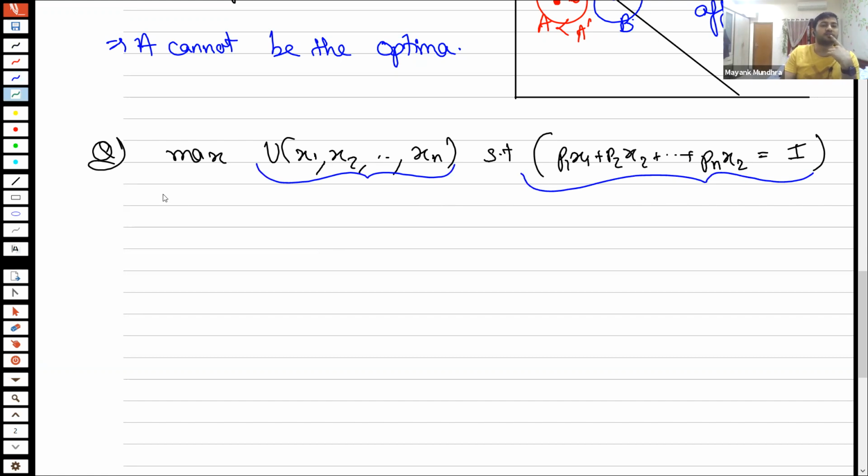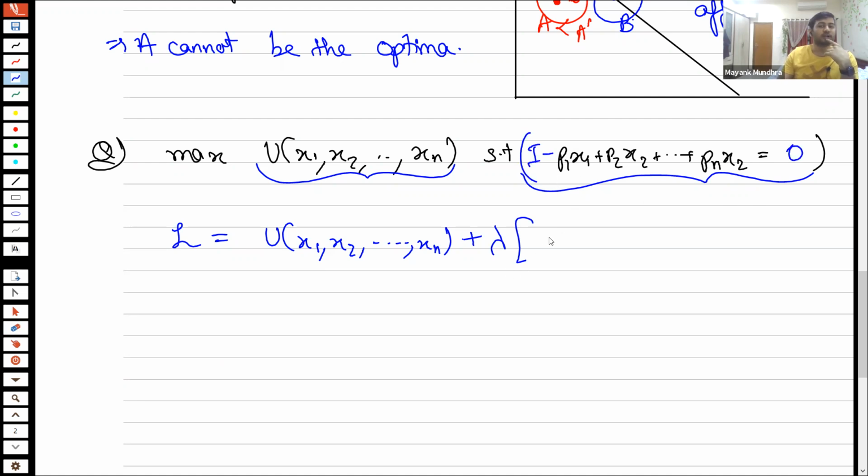So in the Lagrangian method, we write a new equation. We say L is equal to u, whatever we are optimizing, plus lambda times. This constraint can very well be written as I minus this thing is equal to 0.